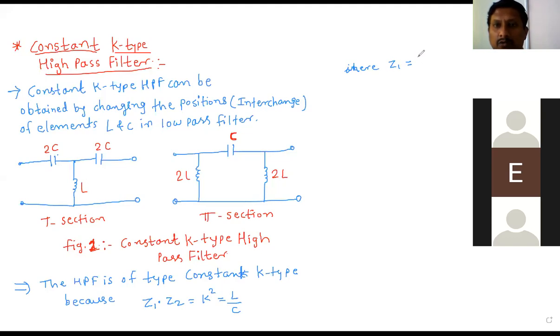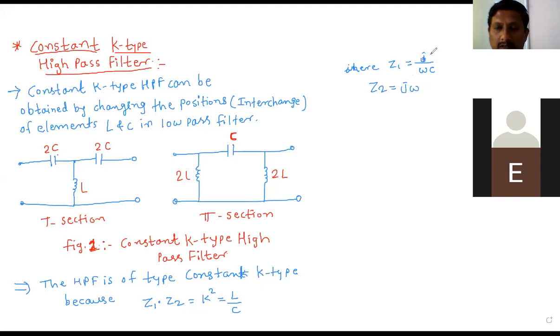So Z1 is equal to 1 upon j omega C, and Z2 is equal to j omega L. So you can take the product. If you are taking the product, it will get L by C.